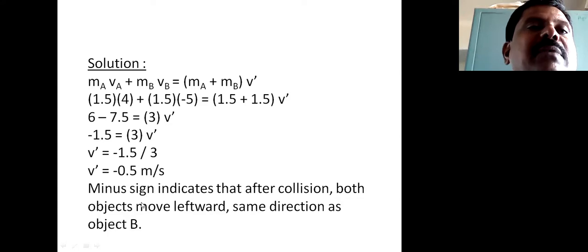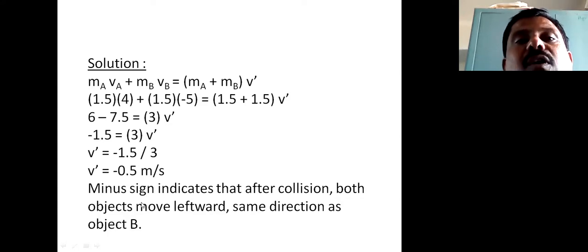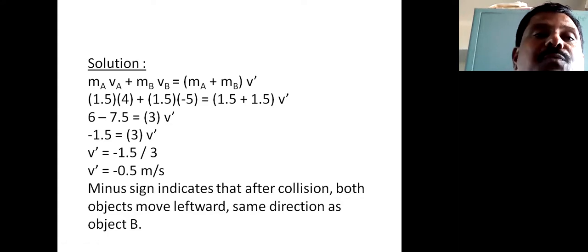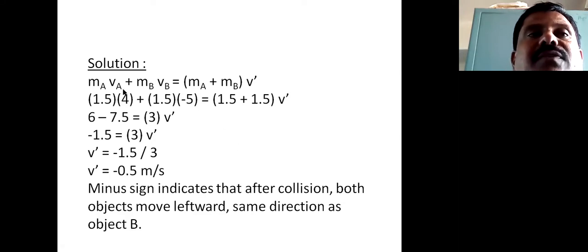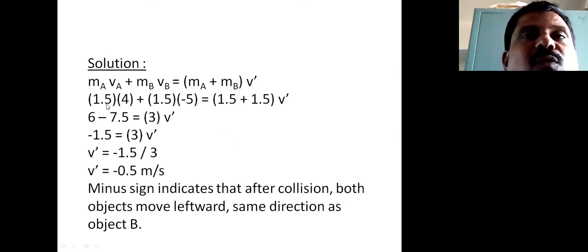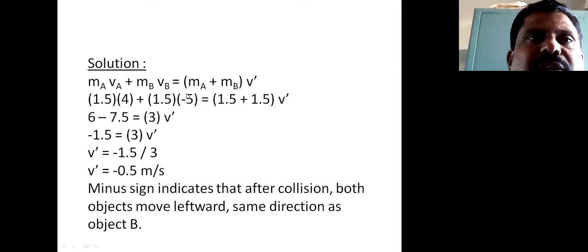So here the minus sign indicates that after collision, both objects move leftward, the same direction as object B. For object A, it is moving in the positive x-axis direction, whereas object B is moving leftwards. That's why I have taken the negative sign.